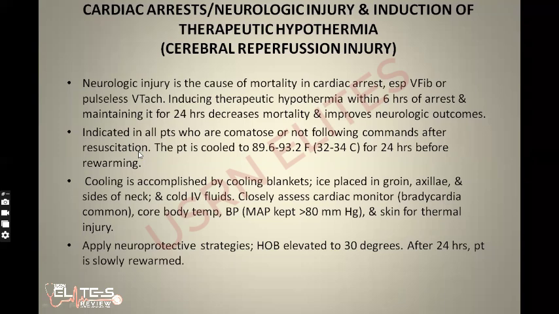We've resuscitated them and they are now back, but they are comatose. Their GCS has not improved. So we can do this cooling for them, and the temperature range is what we have here. We keep them within these low temperatures between 32 to 34 degrees Celsius for 24 hours before we start rewarming them. And the third bulletin is how we keep them cooled. So that's what we have here in the third bulletin.